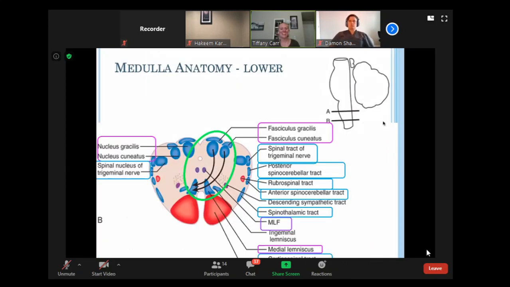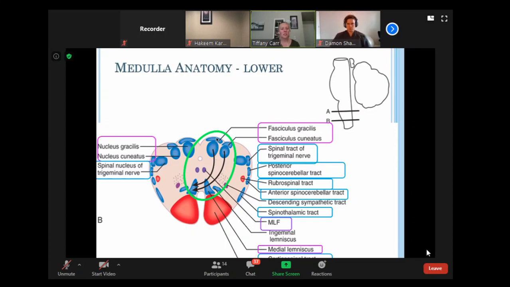All right, so the anatomy of the lower medulla. Again, kind of just knowing where these are and what they're going to mean for us. So we had the fasciculi of the dorsal column tract over here.